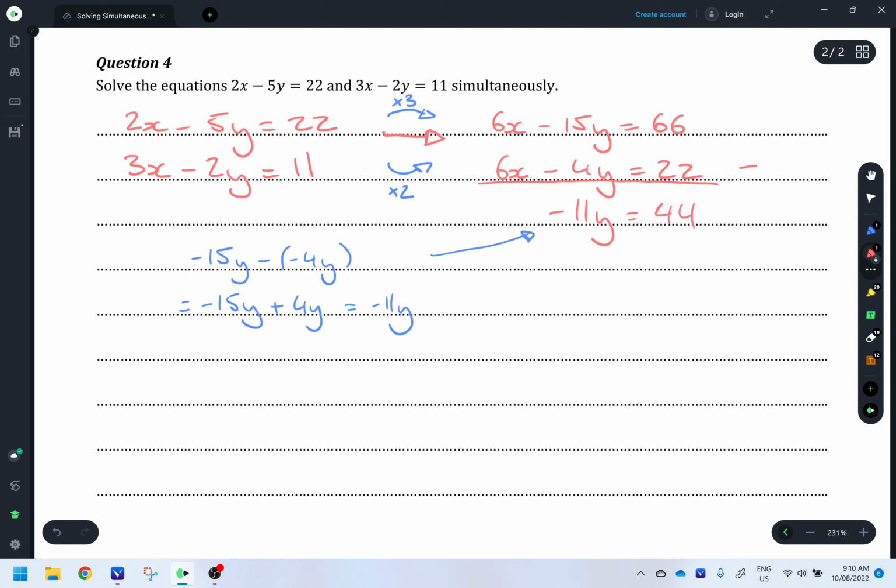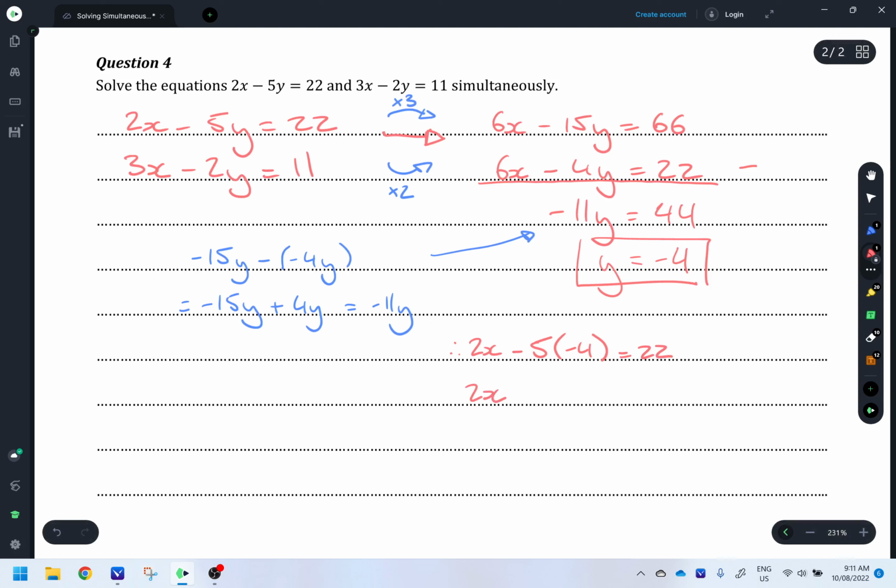And then solving this equation, I get y equals negative 4. Now that I have y equals negative 4, like what I've done with all the other questions, I now need to substitute it in, making sure I'm substituting into y, not into x. So therefore, I will have 2x minus 5 times negative 4 equals 22, just substituting into that first equation.